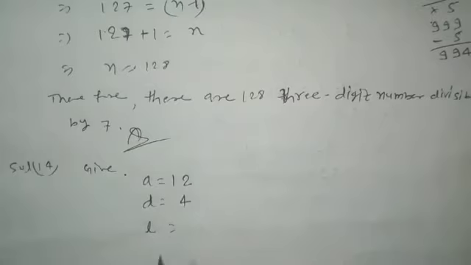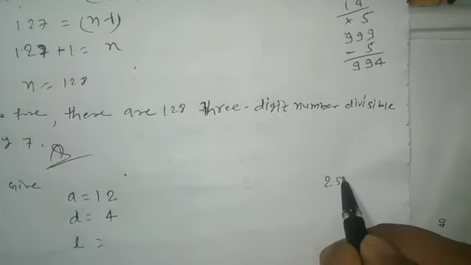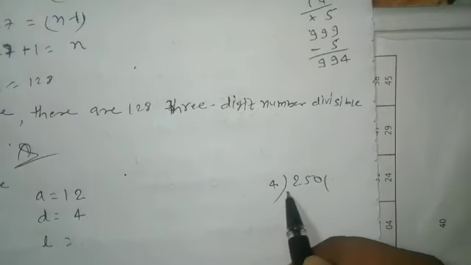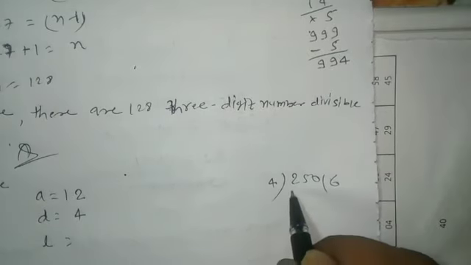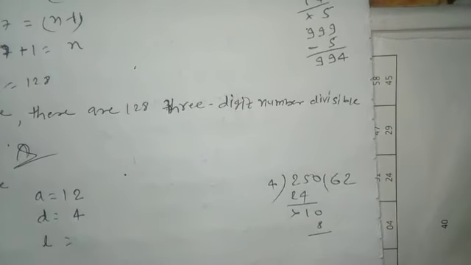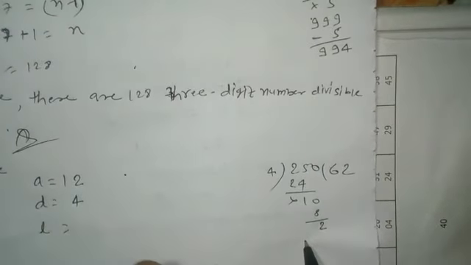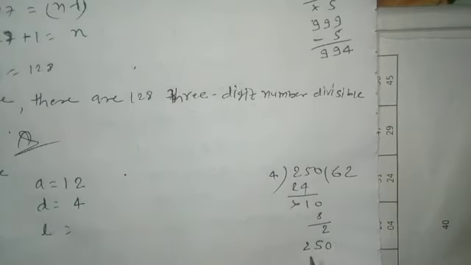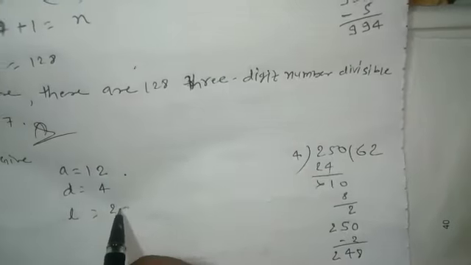Now L is equal to, we divide 250 by 4: 4 6 are 24, 4 2 are 8, and we get remainder 2. So the last number between 10 and 250 is 250 minus 2, which is 248. So L is equal to 248.